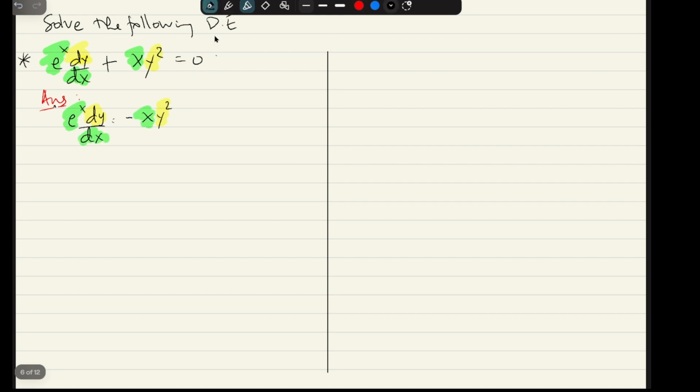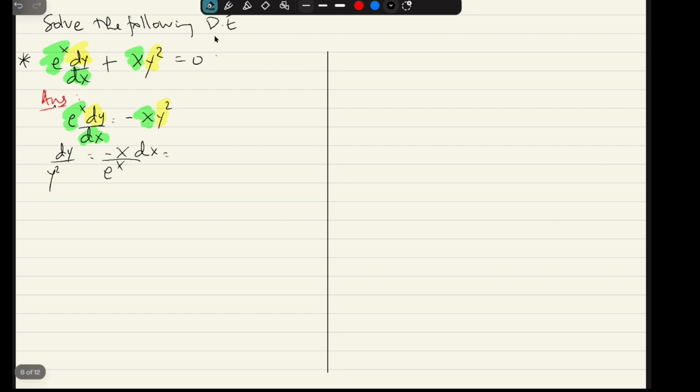So we take all the y on the left-hand side, so we have dy over y squared equals negative x dx divided by e to the x. Now we have split them essentially.